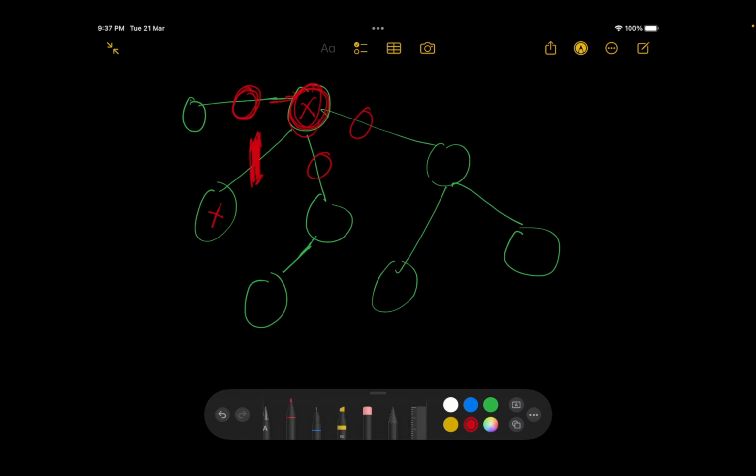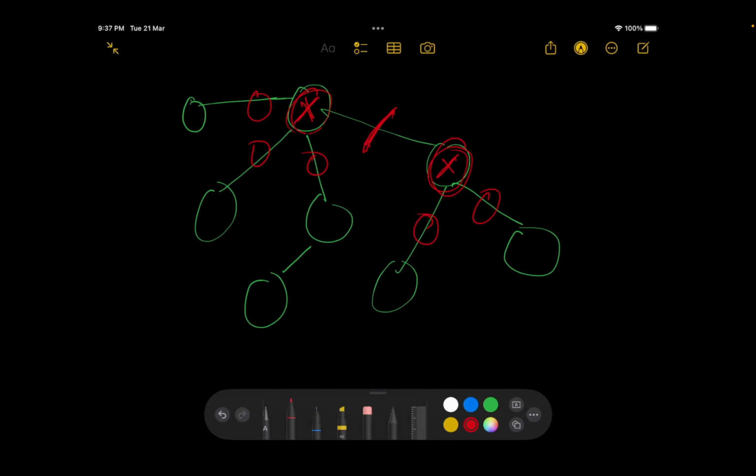For example, if this particular edge was utilized, then these two nodes would also be utilized, so I couldn't use this or this or this. So all these edges couldn't be used further, right?